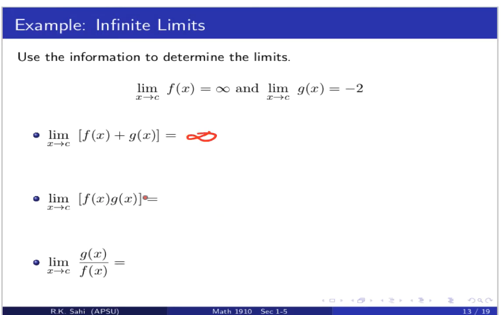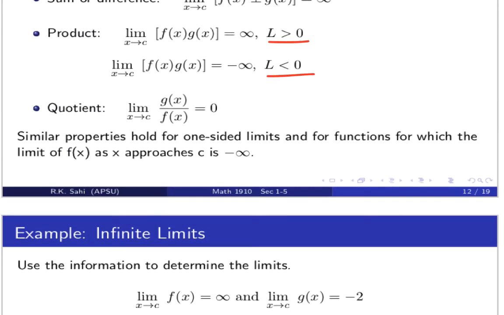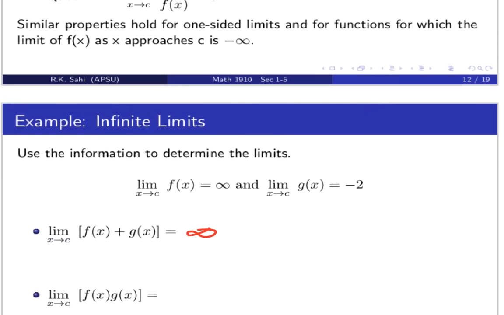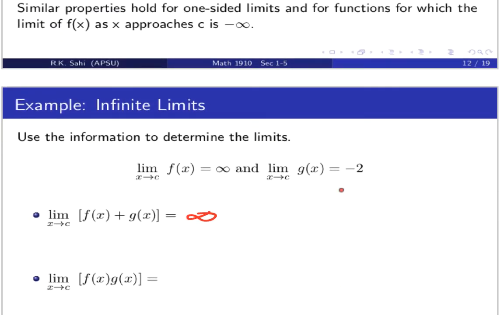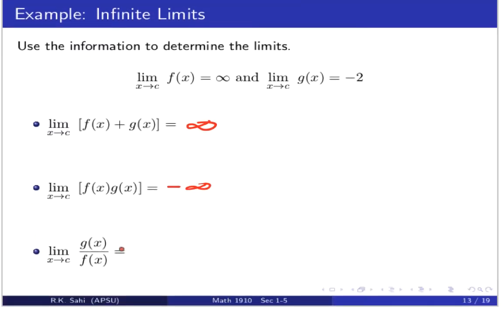Now, if you're taking the product of these two functions, basically applying the properties here, positive infinity multiplied by a negative number gives negative infinity. And over here, the limit of the quotient, as g is a negative number divided by a very big number, this whole limit will approach 0.